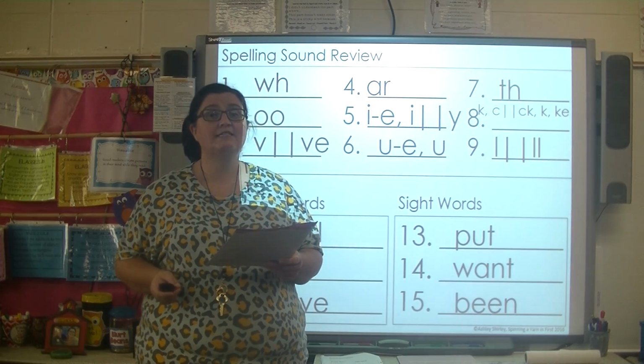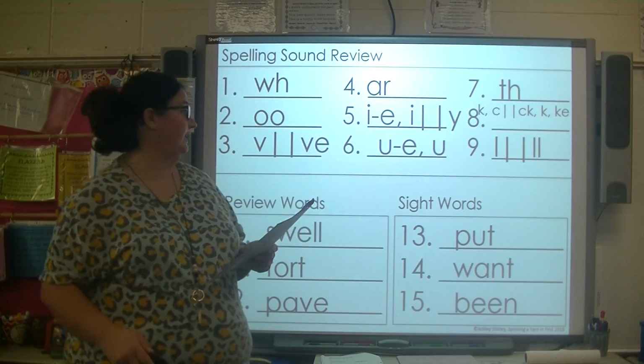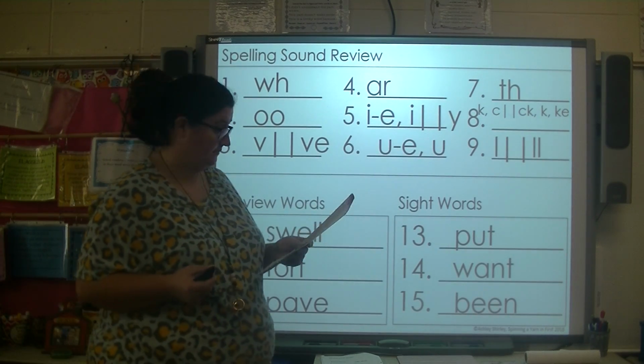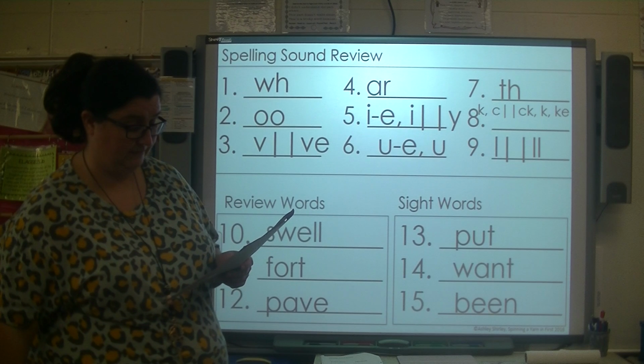Write that sentence on the lines for number 16. Write it now.